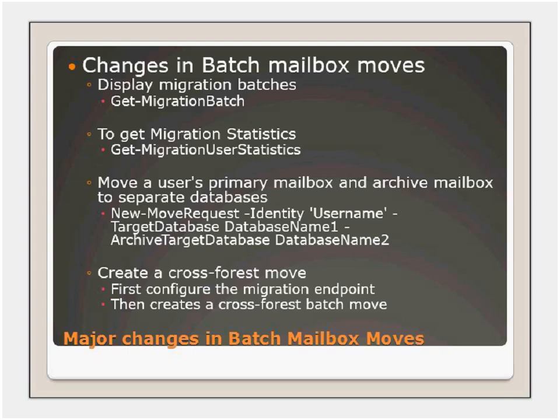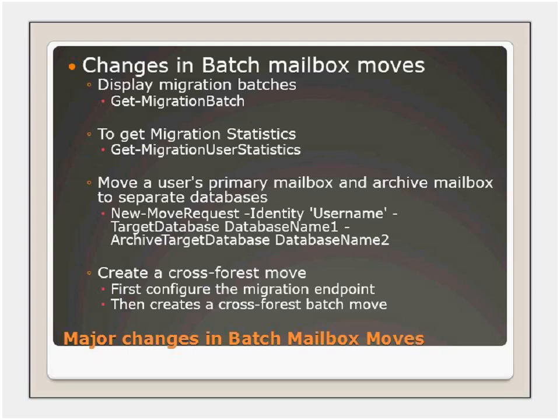If you want the details of every batch that you have, you don't give any name, and it is going to list out the batch names. And the other thing is the migration statistics. That is something you want to see, like how the progress is going, and that is get-migrationstatistics.